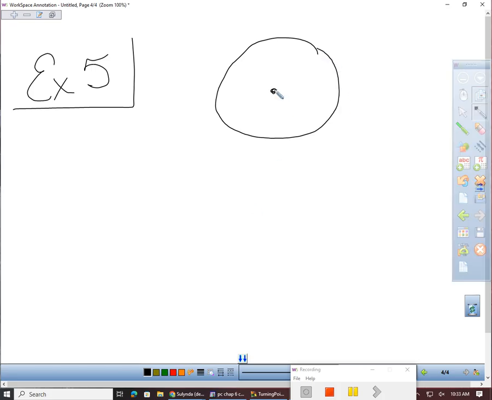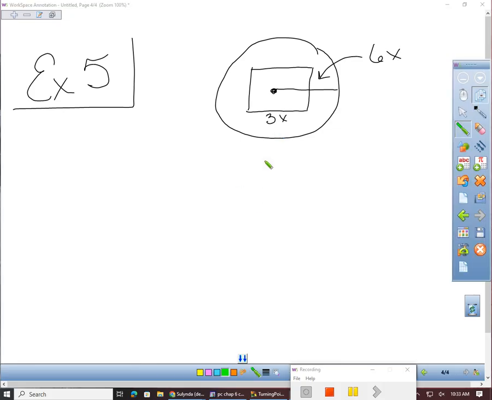This circle has a radius of 6x. Inside the circle is a square mirror with one side 3x. It has this border around it.